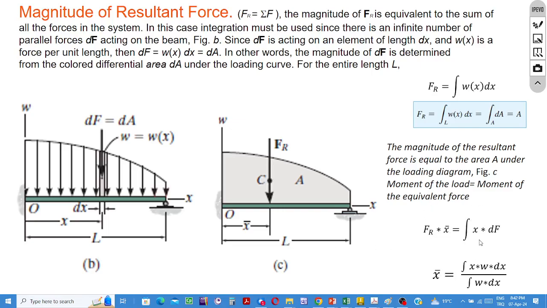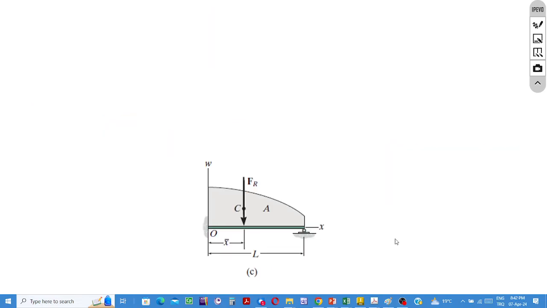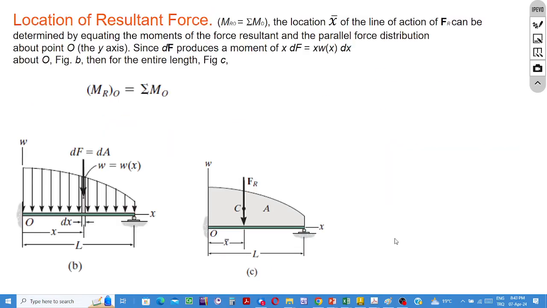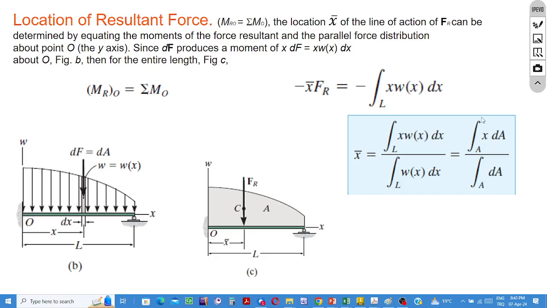In this equation, the unknown is x bar. x bar is equal to the expression that is used for finding the coordinate of the centroid of the area under the load curve. Yes, this expression is exactly the same.